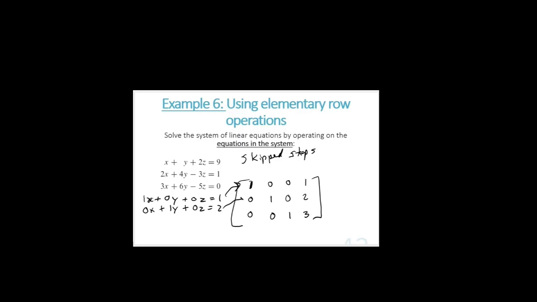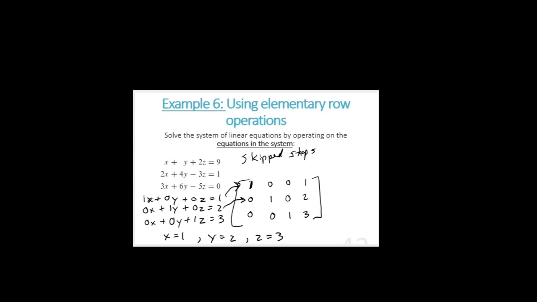That's for the next row. Then we'd have 0x plus 0y plus 1z equals 3. And then you simplify that even further, and we have x equals 1, y equals 2, z equals 3. And you have found your one solution to that system.